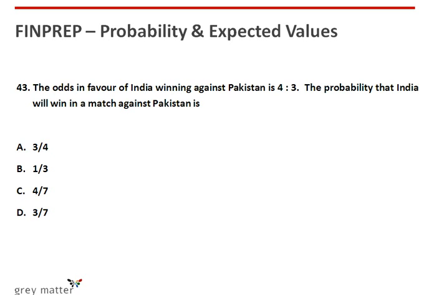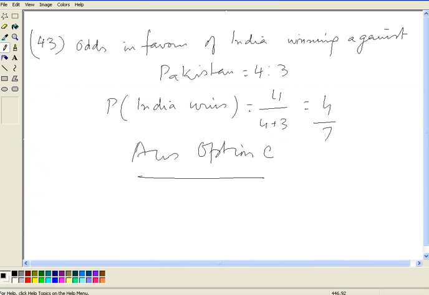43rd problem, the odds in favor of India winning against Pakistan is 4:3. We need to find the probability that India will win in a match against Pakistan. Now odds in favor of India winning against Pakistan is given to be 4:3.